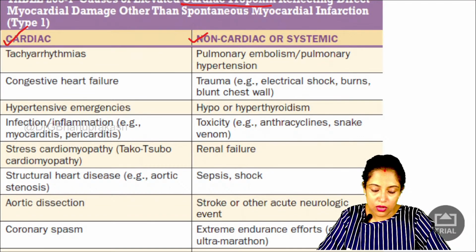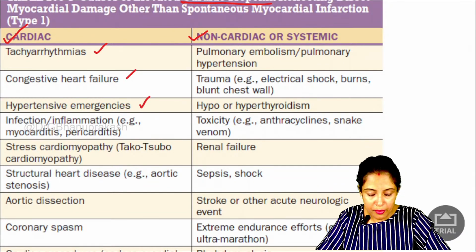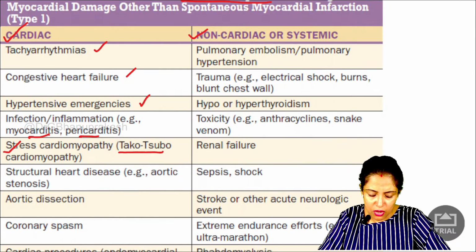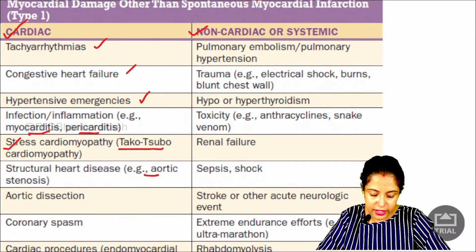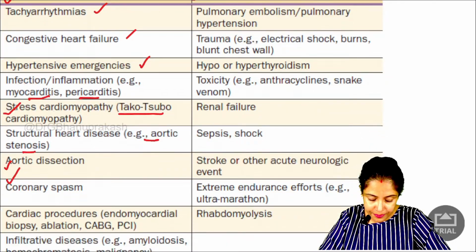In the cardiac causes, there may be tachyarrhythmias, congestive heart failure, hypertensive emergency, or myocardial diseases like myocarditis, pericarditis, stress cardiomyopathy, or structural heart disease like aortic dissection, coronary spasm.